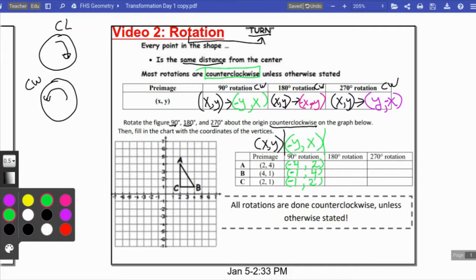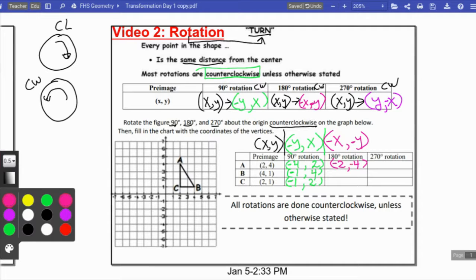Let's do 180 counterclockwise. For 180, you don't switch the letters. You simply make them both negative. So don't switch the numbers; keep them in the same position. (2, 4) on the pre-image is (2, 4) here, but you make them both negative.